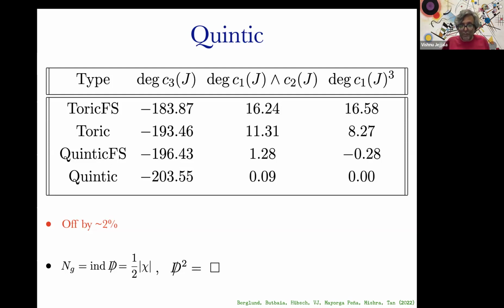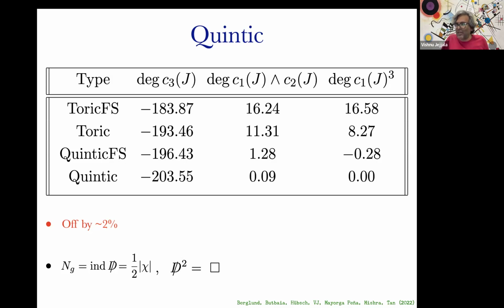We know the answer should be -200, and we find that with the numerics, we're off by about 2% in evaluating the Euler character using our Ricci-flat metric, which was trained with about 500,000 points. So this is maybe good or maybe bad depending on what manifold you're talking about.